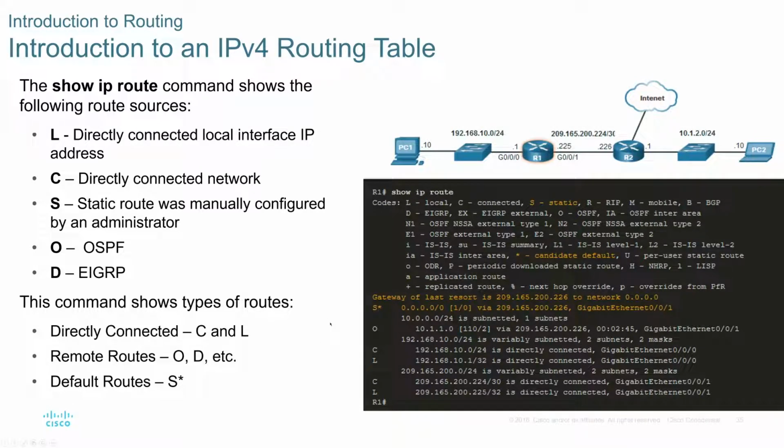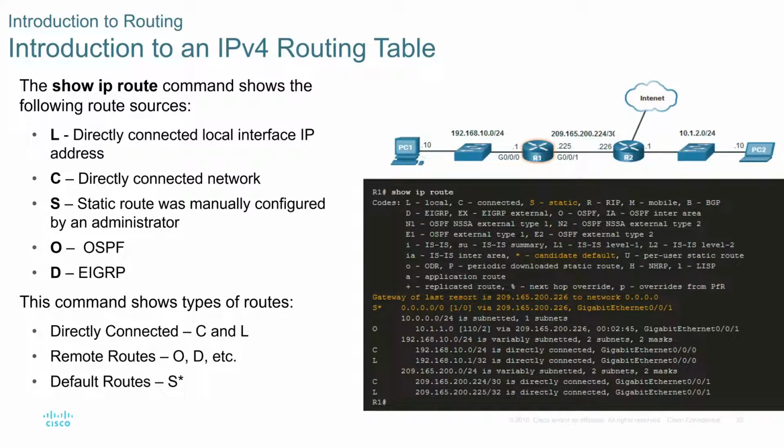In a routing table, as shown in this diagram, you have entries that are labeled L. At the top, you normally have the codes used in the routing table. L is directly connected local interface.